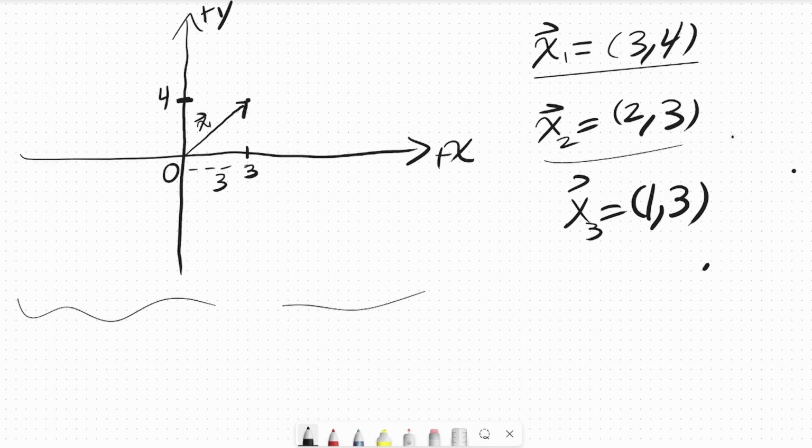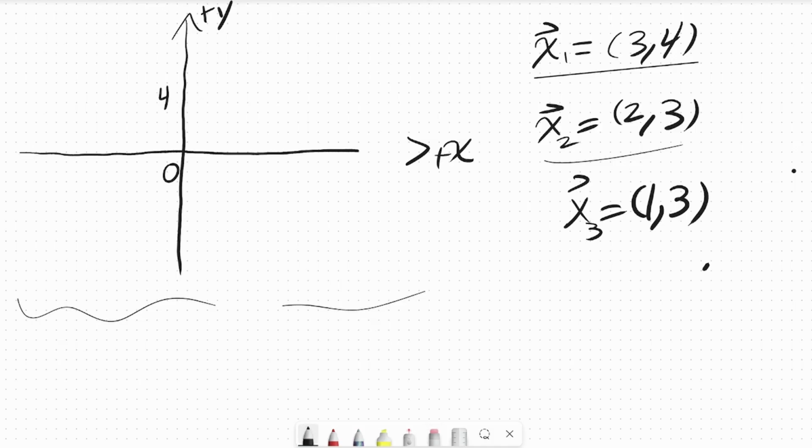What about this one? Well, in this one, we know that it's going to go 2 units right and then 3 units up. So this time it's going to go 2 units right, and it's going to go 3 units up.